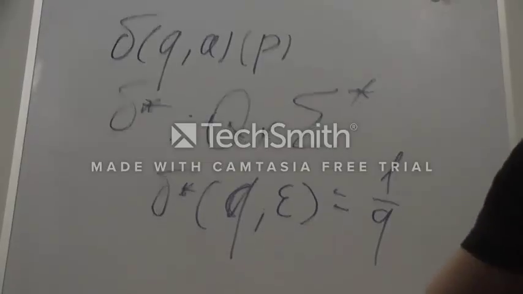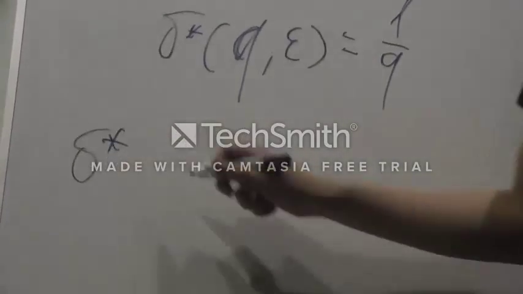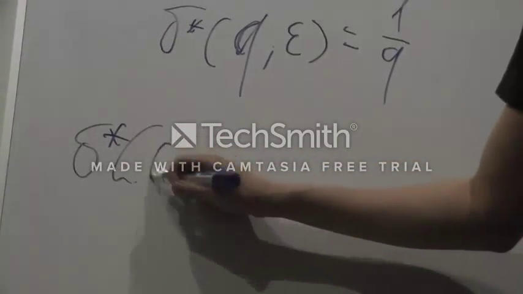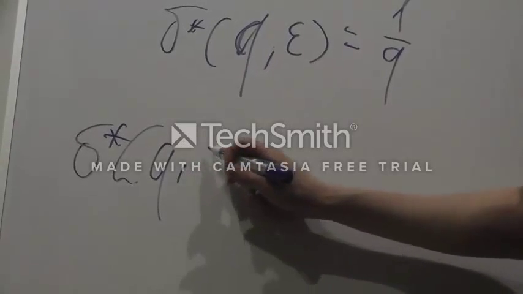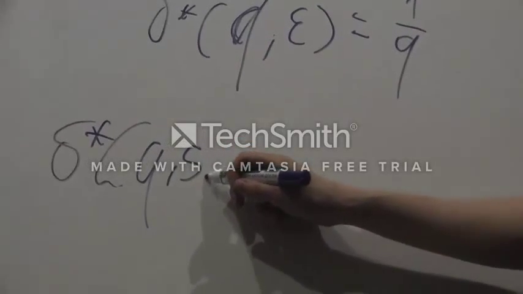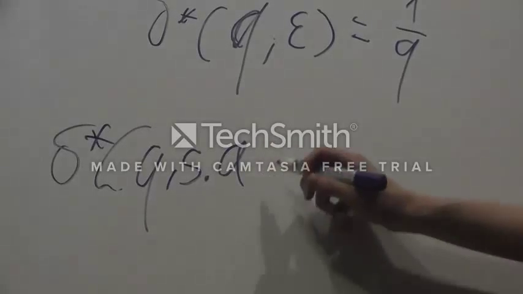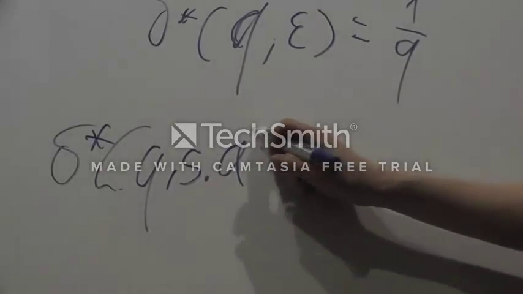The other case is when we speak about an input string. Let's look at the string as a concatenation of some string and some symbol which is at the end of this string.